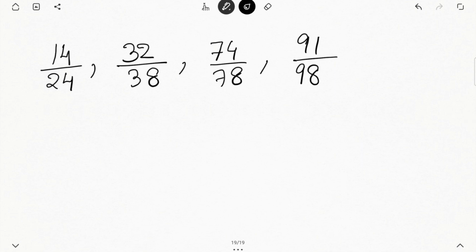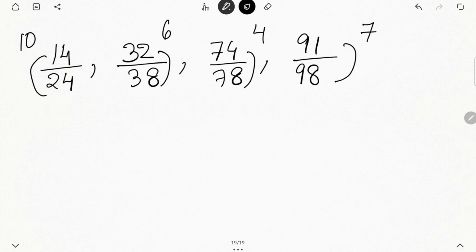Yes, we need to find the difference between the numerator and the denominator of each fraction. The difference for this is 10. In this case the difference is 6. Here I get the difference as 4 and here it is 7. So in this example again we find that the differences are not the same.